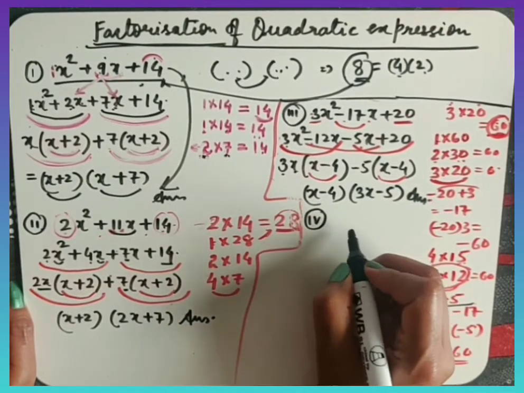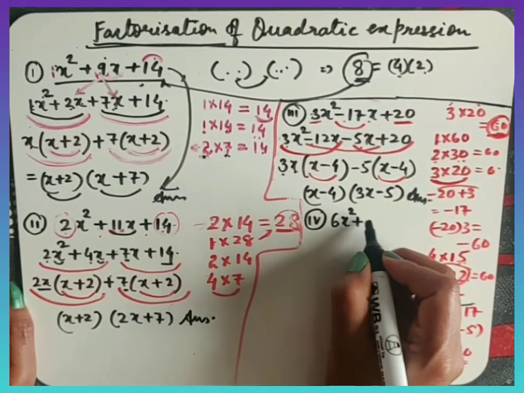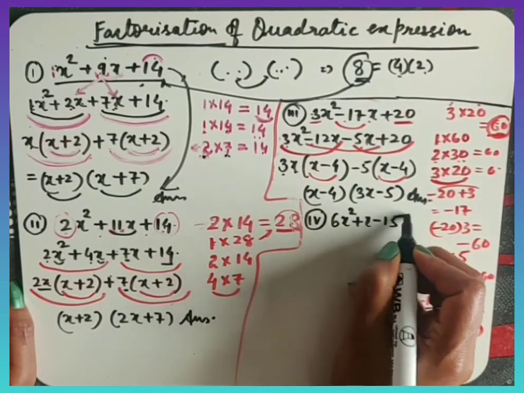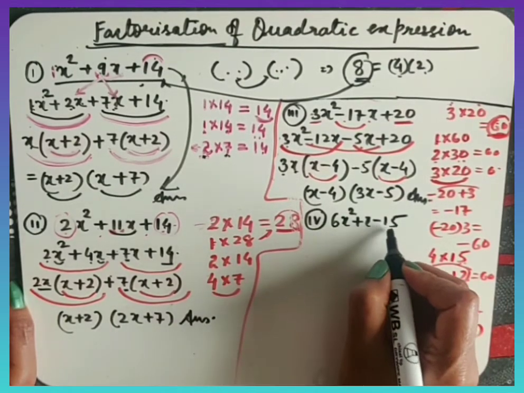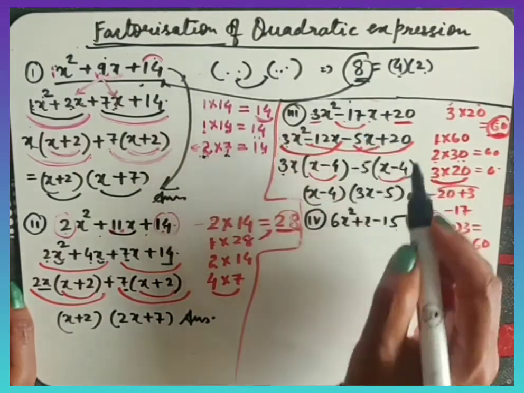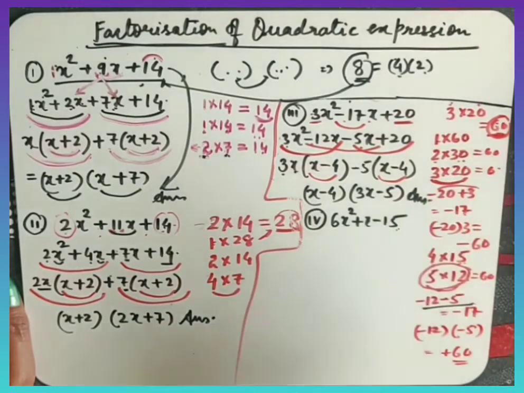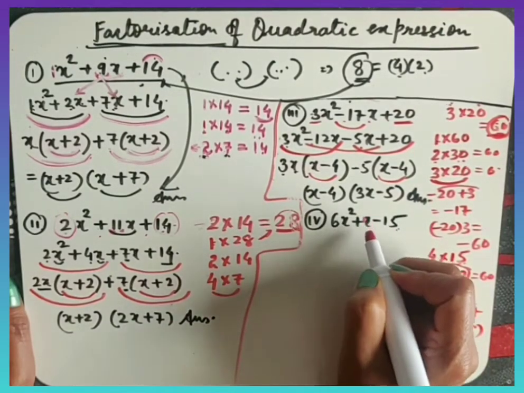So this one will be 6x square plus x minus 15. Now we have the third term, I am taking minus 1. Here I took the middle term 1, here the third term minus 15. Now here is 1x, if x is only, so 1x.